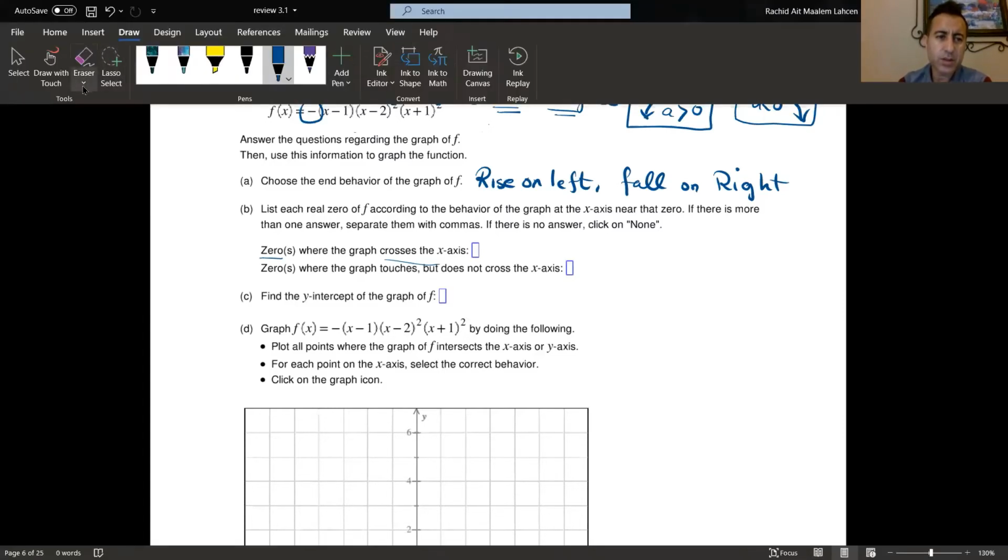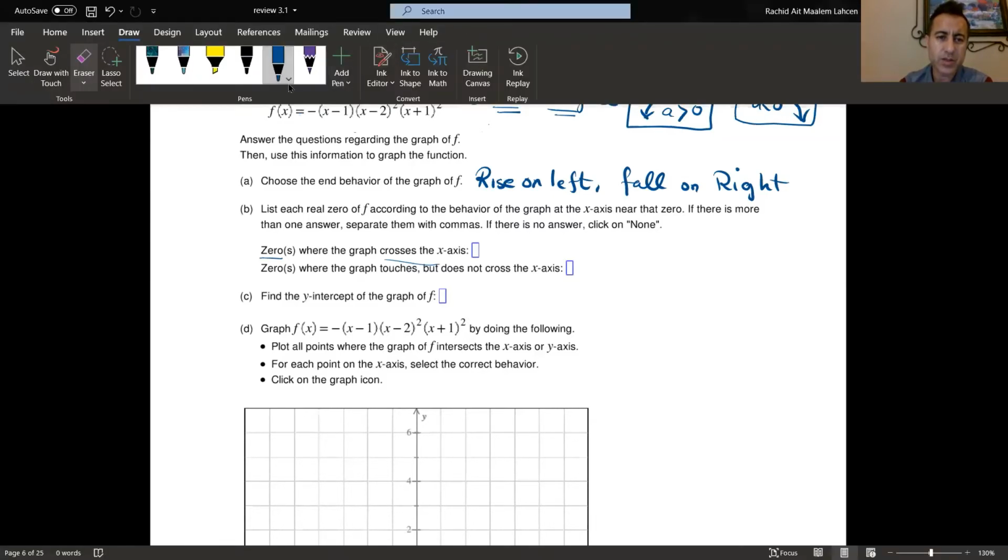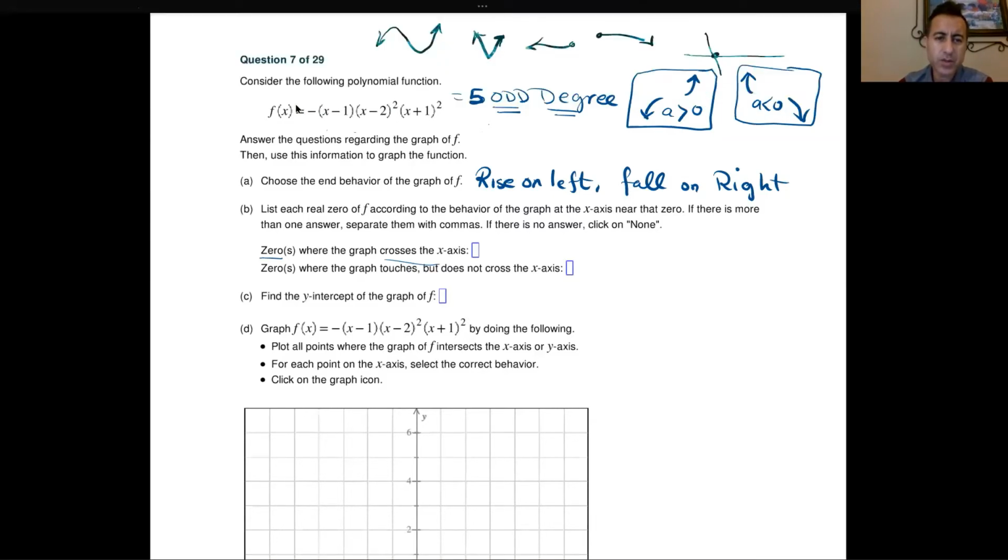Well, let's clean this now so we can talk about this part here. We go back to the function. Then we need to inspect each zero, which you do with the zero product property, because this is a factored form. So if you set f of x to 0, the zeros also mean x-intercepts.